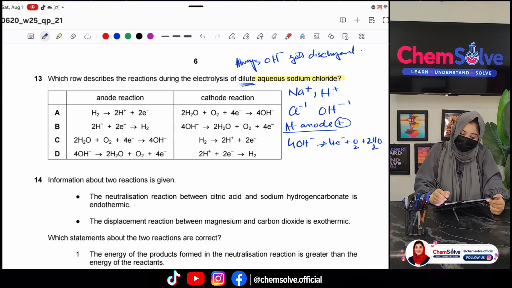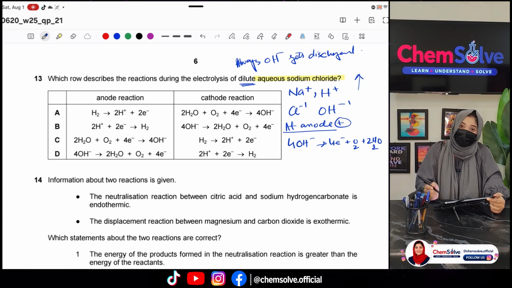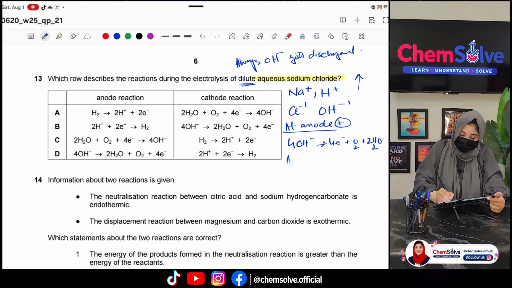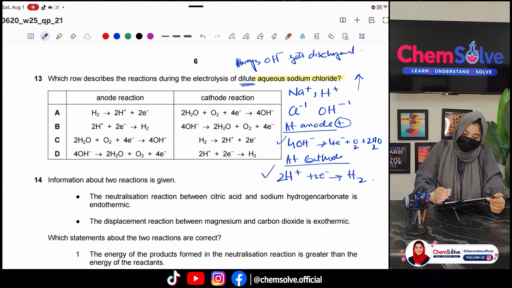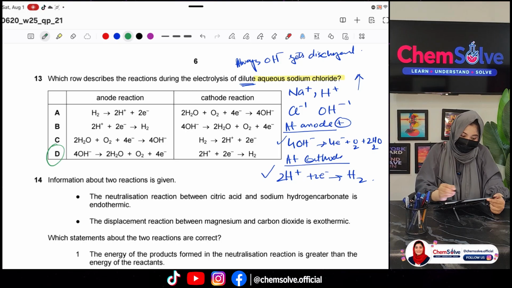And for positive ions, we look from the bottom of the reactivity series. The ion that comes first from the bottom will get discharged. So at the cathode, what happens? H positive ions will go there. They will gain electrons and change into hydrogen gas. Now keeping these two equations in mind, it is obvious that the correct option is option D.